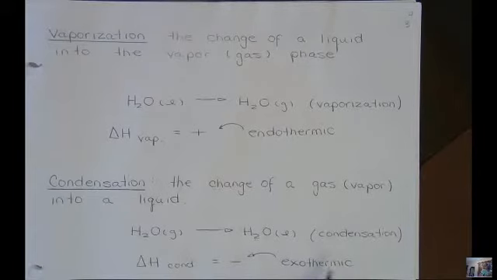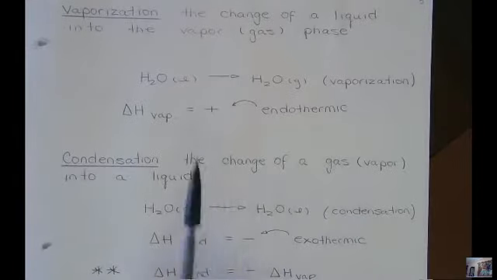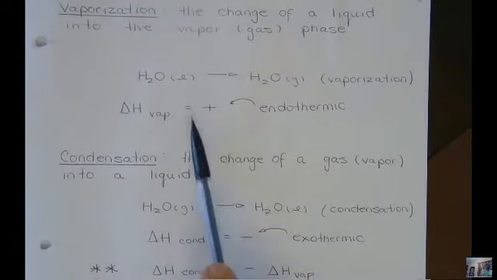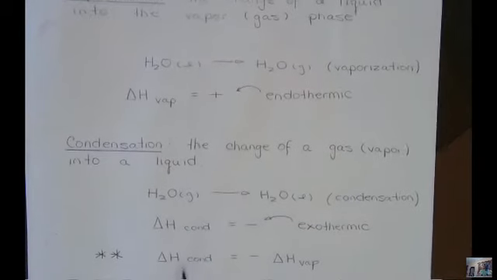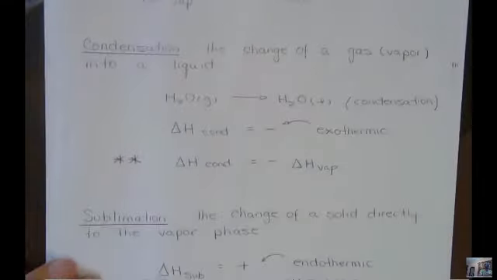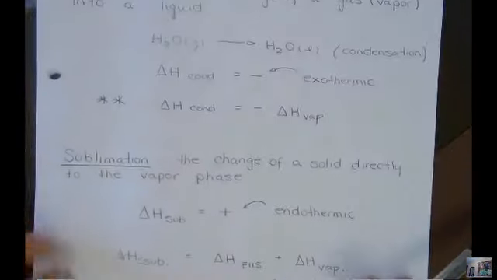That would be exothermic. These two, just like on the last page, would be equal in magnitude, opposite in sign. Here they are. Delta H of condensation equals negative delta H of vaporization. Okay, I'm going to grab those for you in a second, right after we finish this section, so you can look at what the numbers are.